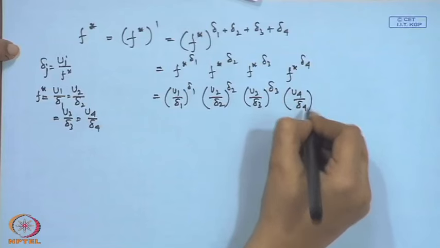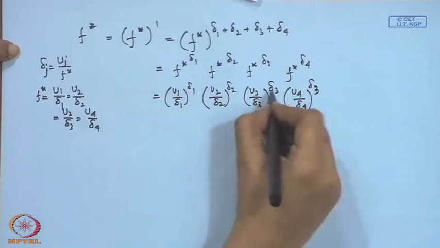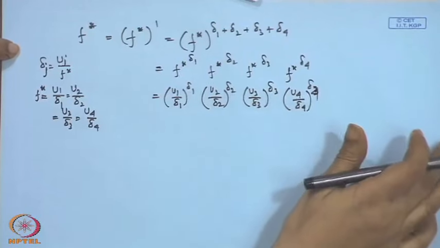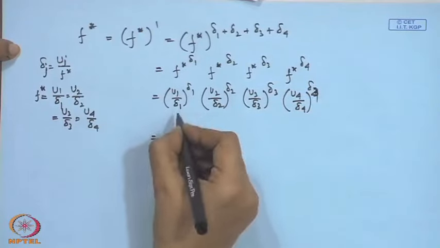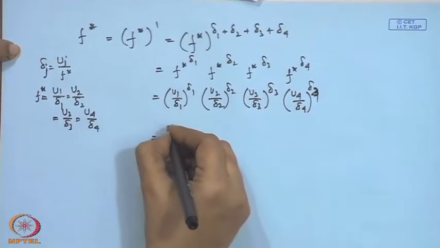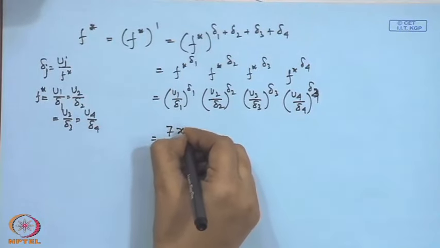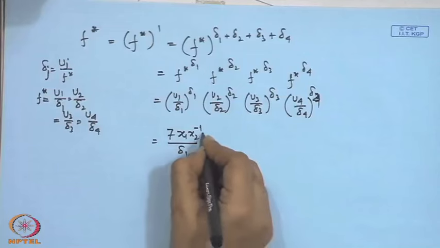But you see we know the values for delta 1, delta 2, delta 3 and delta 4, but we do not know the values for u1, u2, u3, u4. How does u1 look? For this problem u1 is 7 x1 x2 minus 1, divided by delta 1, to the power delta 1.